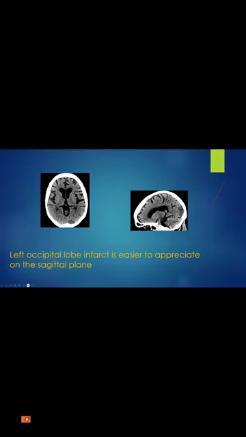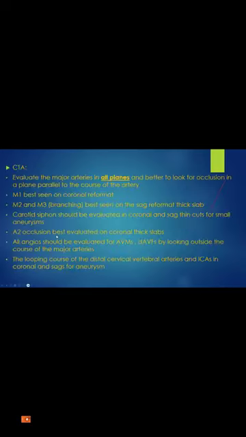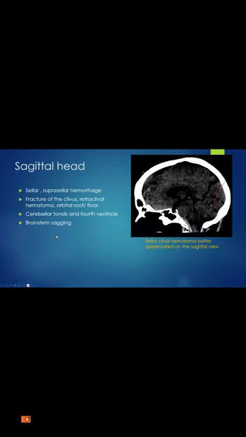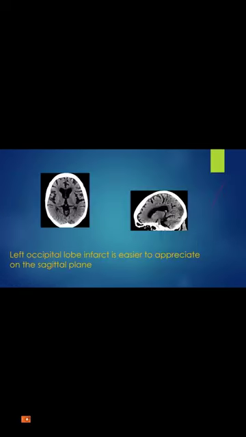It's important to know that some CT scanners can falsely give you hypodensity in the occipital region, so you need to know whether this specific scanner does that or not. But here it's very delineated, very demarcated, which means it's not a that recent infarction.